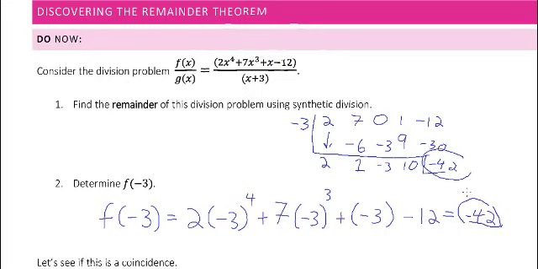So what we just noticed is that if I do synthetic division with a negative 3 and look at the remainder, that's the same as if I substituted negative 3 in for x and it comes out the same number. So on the next problem below this one, you're going to pause the video, do the synthetic division, then substitute in the x value and see if the remainders come out the same.